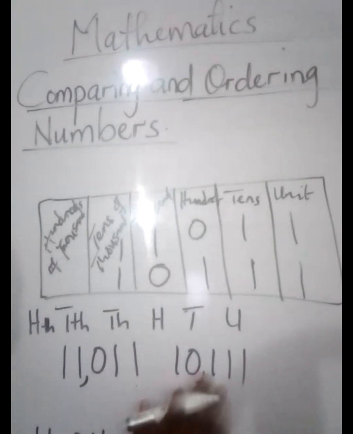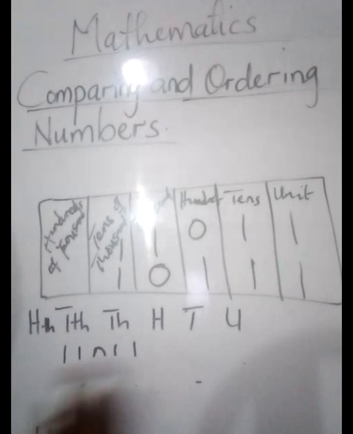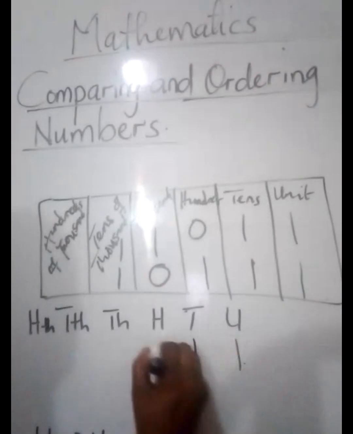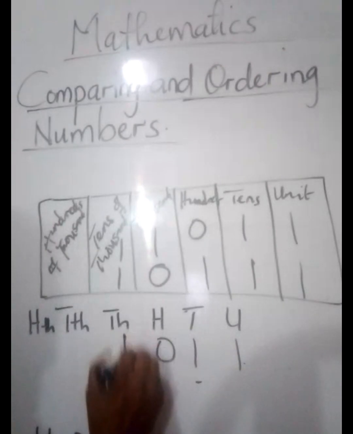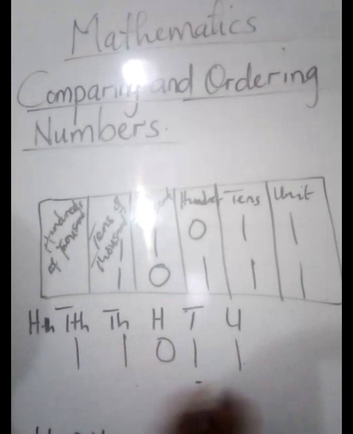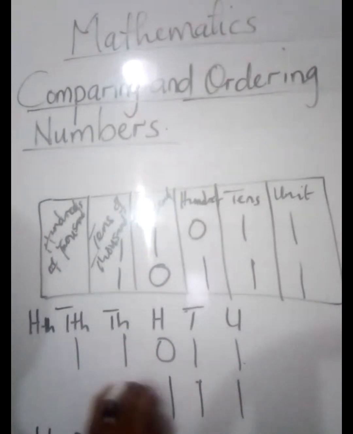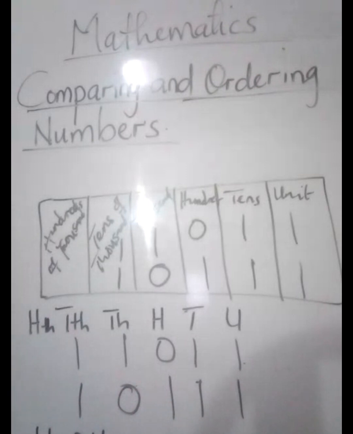Let's take the first number. The first number is 1, 1, 0, 1, 1. And the second number is 1, 1, 1, 0, 1. I hope you're seeing the arrangement.